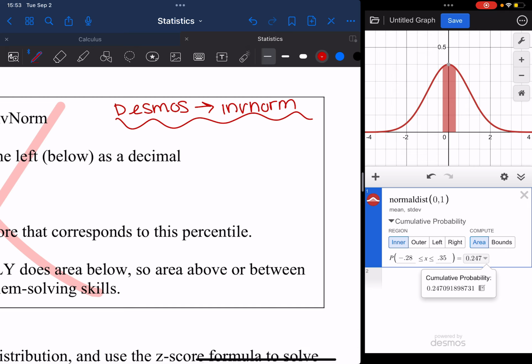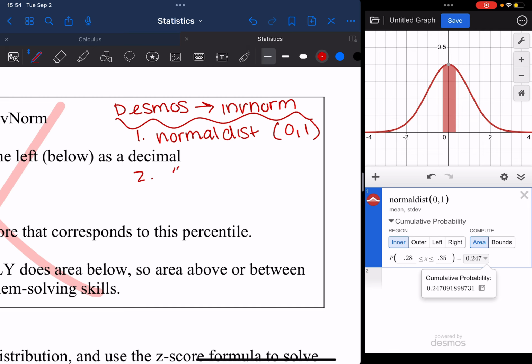Okay. So in order to do that, you're still going to have your normal distribution. Your first step is still that normal distribution of 0 and 1, signifying mu and sigma. And then what you're going to do next is put a dot right after the norm distribution, and you're going to put inverse CDF.